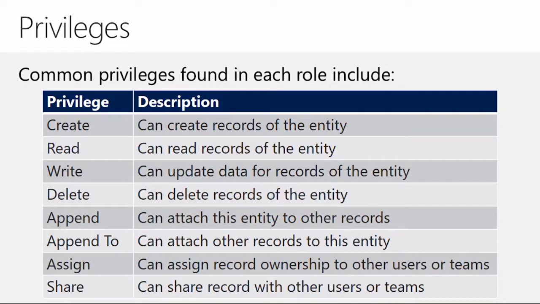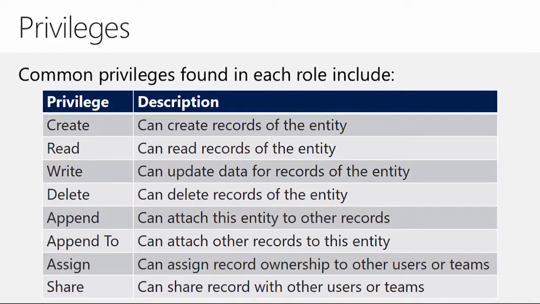But then I also have to have append privileges on the contact record, which says, okay, now I can attach contacts to other records. That combination of those two items is what's going to allow me to attach contacts specifically to the account record in the application. And that's one area that sometimes gives people a little bit of confusion, the append and the append to, which one is which.